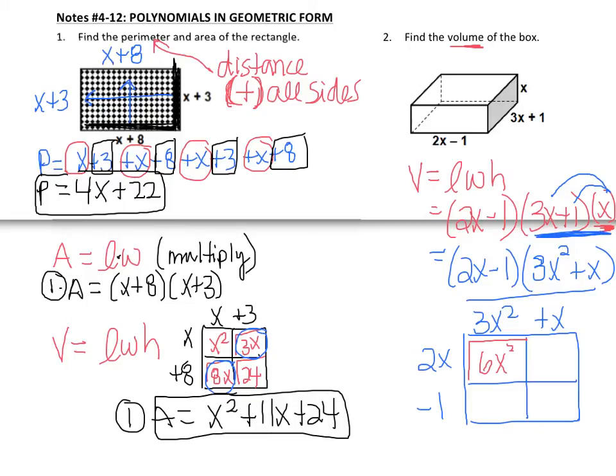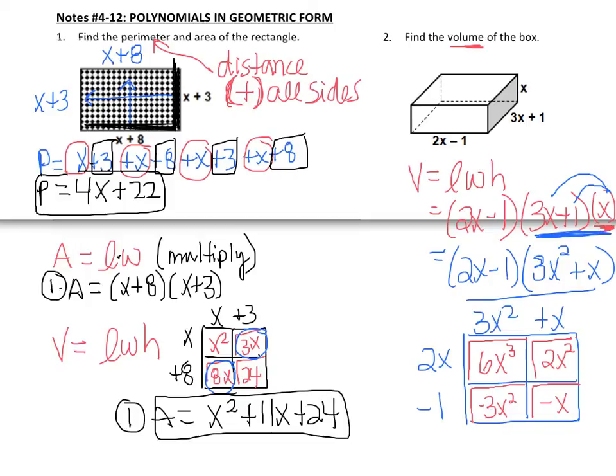Remember, you have to add your exponents. When you multiply, you're following your laws of exponents, so you add the exponents of same bases. Then 2x times x gives you 2x squared. 3x squared times a negative 1, remember, you're multiplying, so that would be a negative 3x squared. And then x times a negative 1 is negative x.